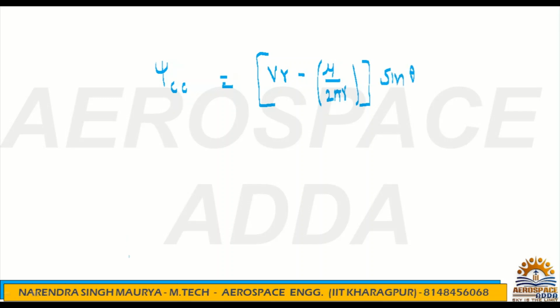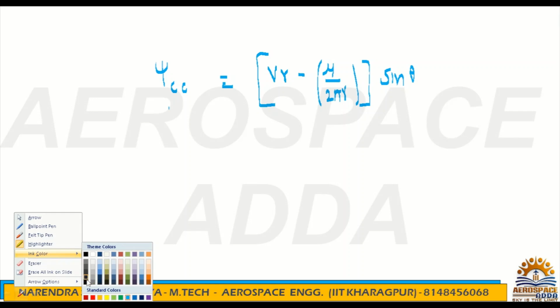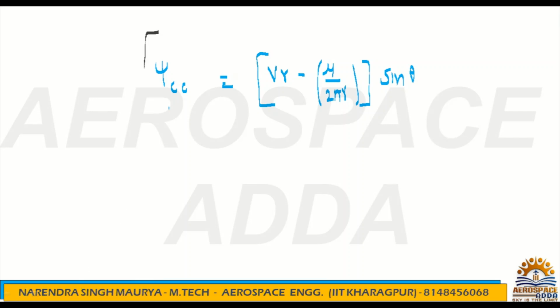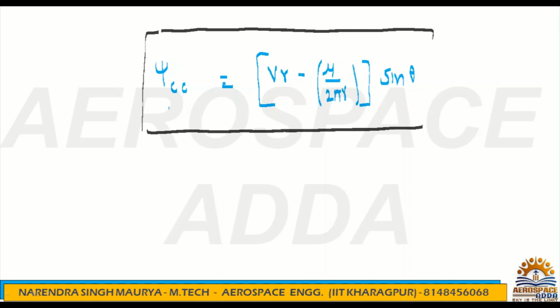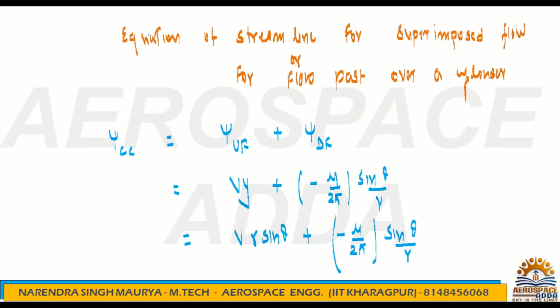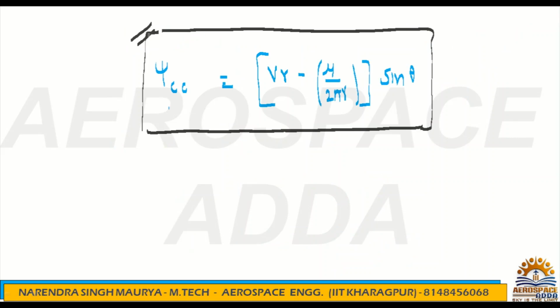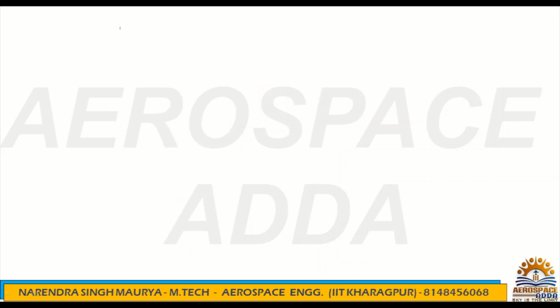I will show you when psi CC will be 0, that is a secondary part. But you need to remember this general value of the stream function for the circular cylinder, it is a very special formula. I will prove later on that the stream function for that circular cylinder will be 0. So this is the equation of the streamline, or simply you can say stream function psi, for the circular cylinder. Similarly, we can write the potential function also.